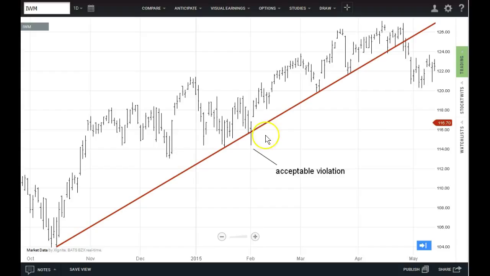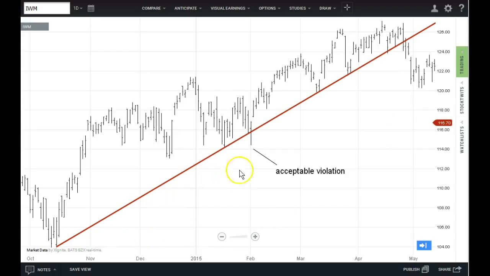Well, look what happened on this bar. It opened above the trend line, made a low below it, and then closed right back above it. So it reversed to the upside. At that point you might say, perhaps this was not a trend break and we'll leave the trend line alone as it was. As you can see, moving along in time, that was the right decision, until finally it broke down here in late April.